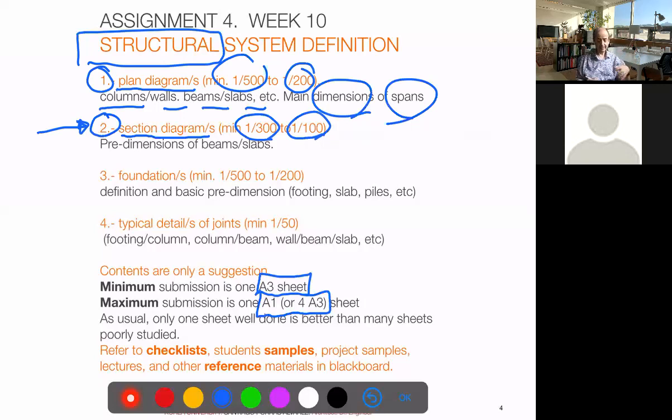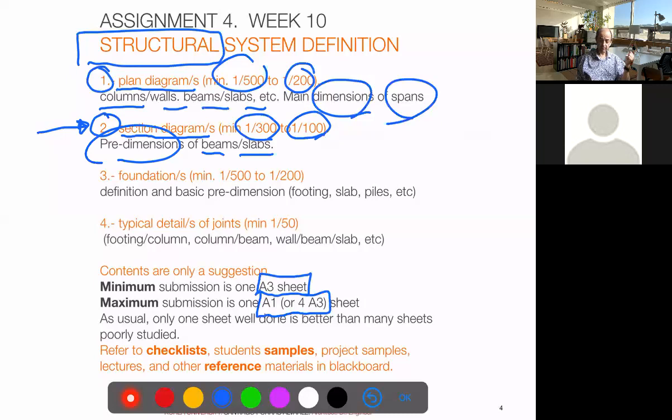In that section, it will be interesting to pre-dimension the beams and slabs to know how much height the structure needs, right? So your section and your project afterwards will have a realistic, or at least a reasonable, set of dimensions. And you may have to correct heights.